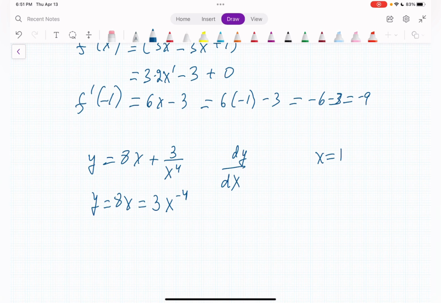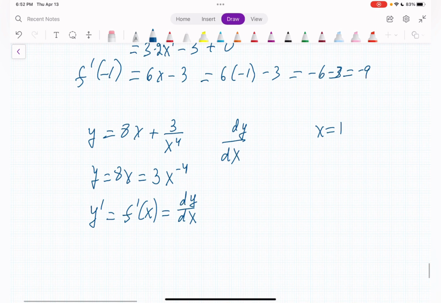So y prime, which I can write down f prime of x, or I can write down dy by dx. It's all same thing. The three forms of representing derivative, and it's equal. Oops, this is plus.